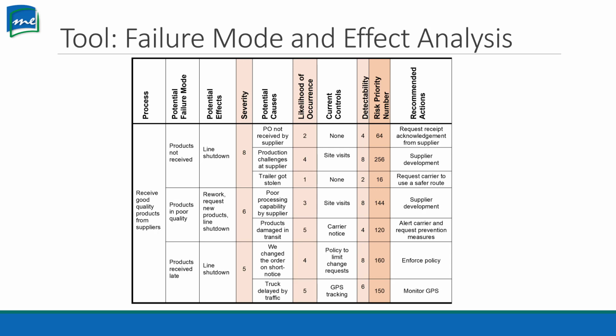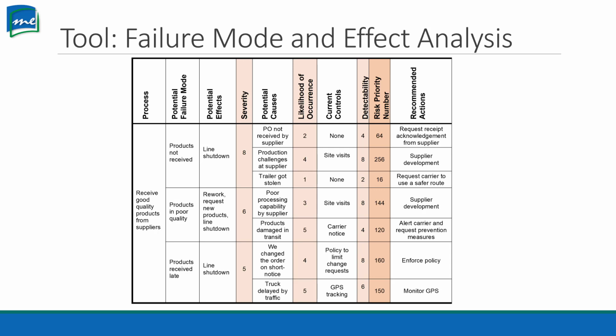That is one that you would start with first. If you were to go through and identify things, this is one that you would do first. The next one would be 160, which is enforcing the policy of changing the order on short notice. So they have a policy to limit change requests, and you need to enforce that policy.